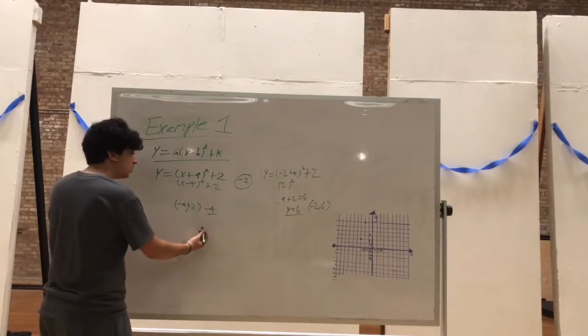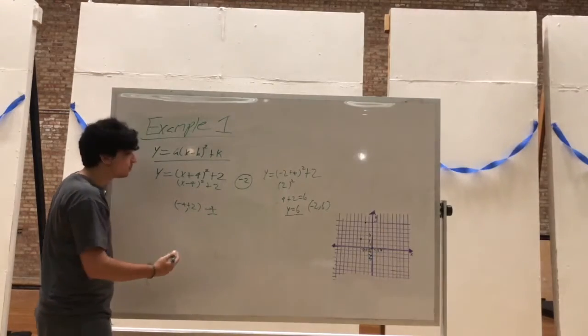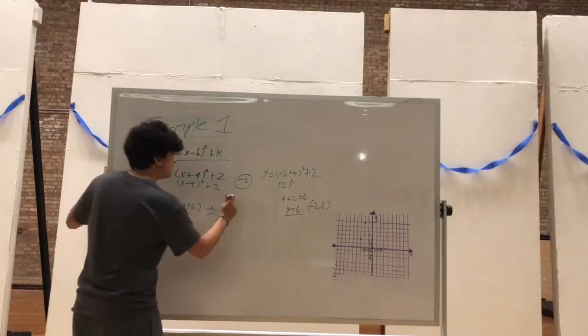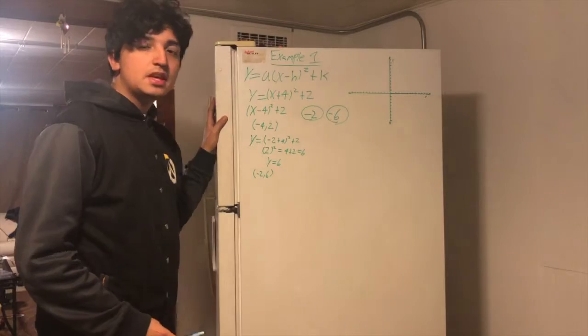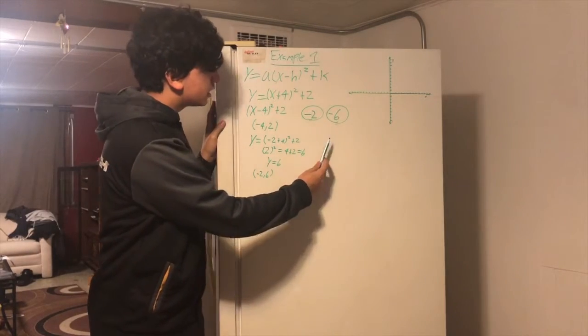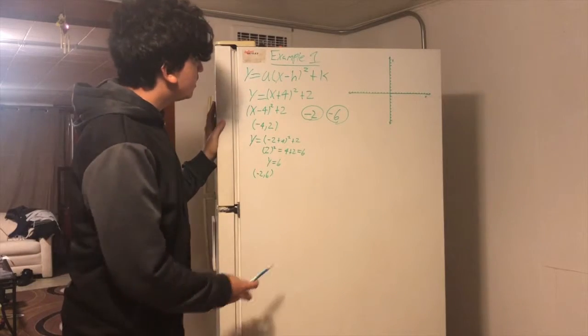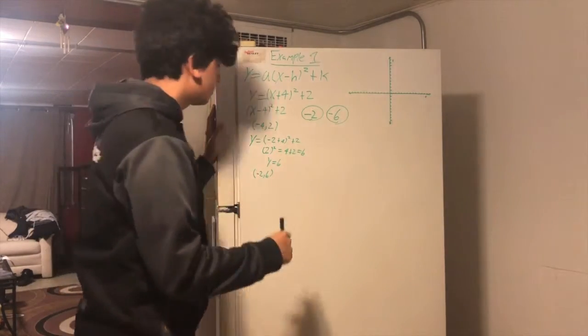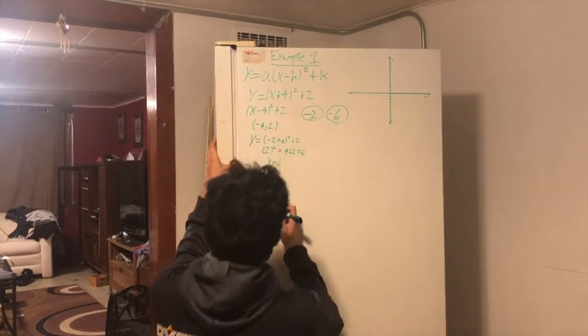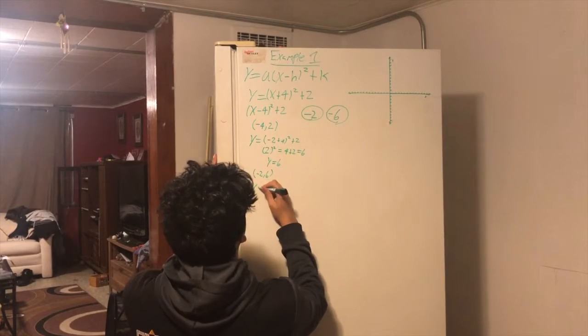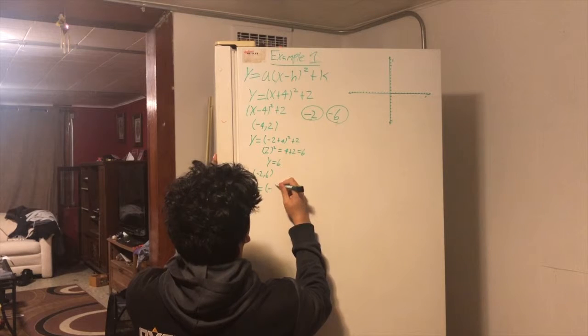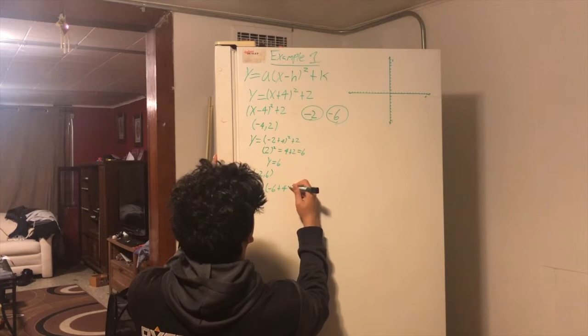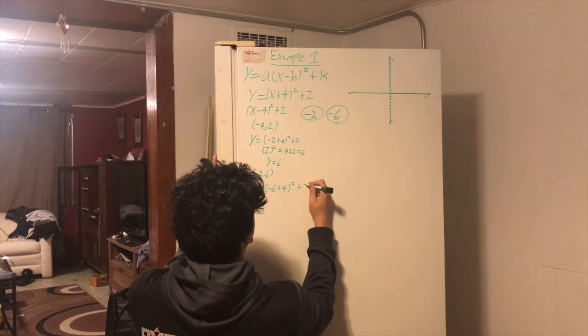Now we need to find another number that is less than negative 4. So let's choose negative 6. Now that we have chosen negative 6, we will simply plug it back into our equation, just as we did for negative 2. It is very simple: y equals negative 6 plus 4, squared, plus 2.